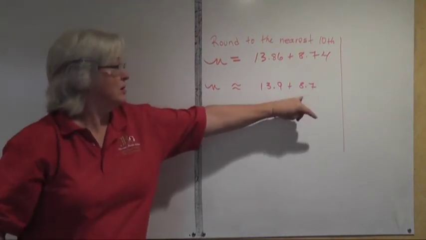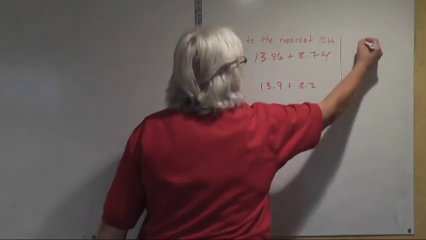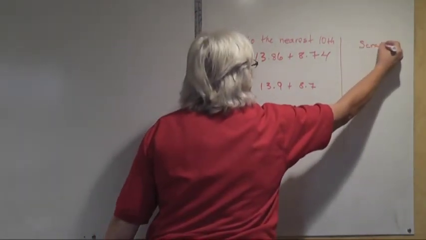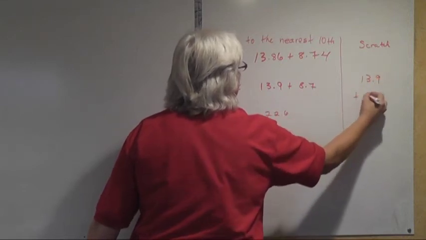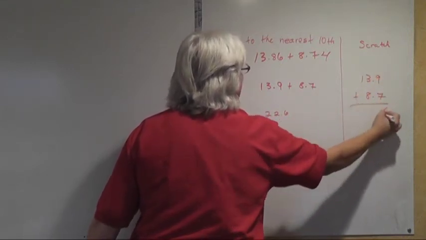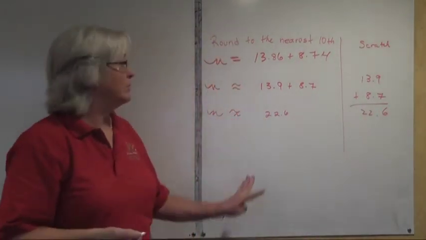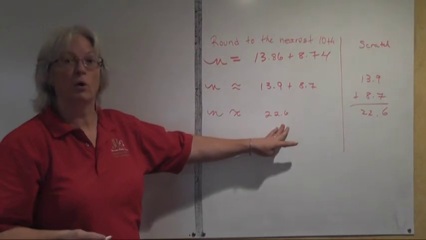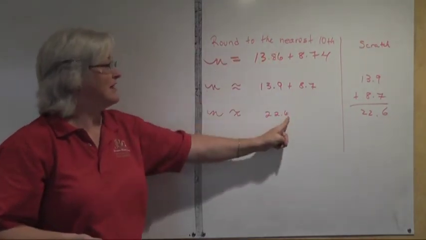If they want to show 13.9 plus 8.7, indicate that out to the right-hand side in your scratch section. 7 and 9 is 16. We carry 1 to give us 22.6, or 22 and 6/10. This has been rounded to the nearest tenth.